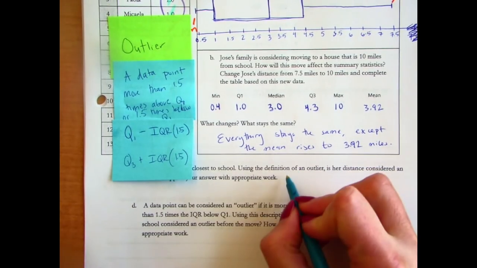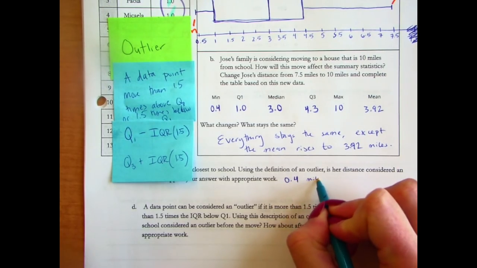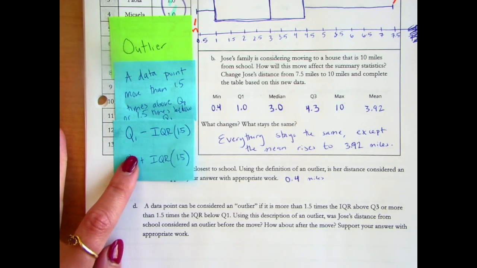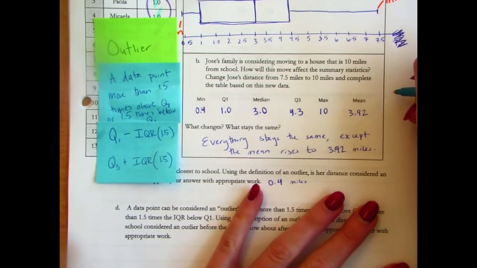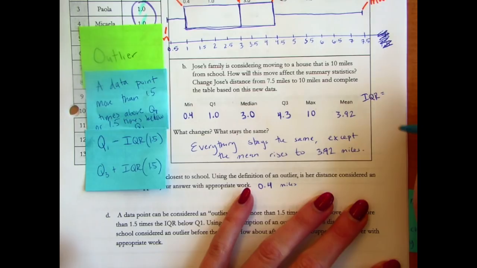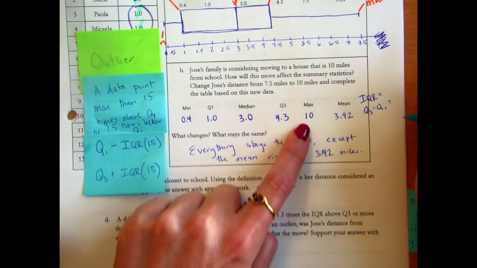So the IQR is 3.3. I'm just going to rewrite the definition of an outlier here. Since we're looking at the lower end of the data, we're wondering if she's an outlier to the left. She would be an outlier if she's less than Q1 minus IQR times 1.5.